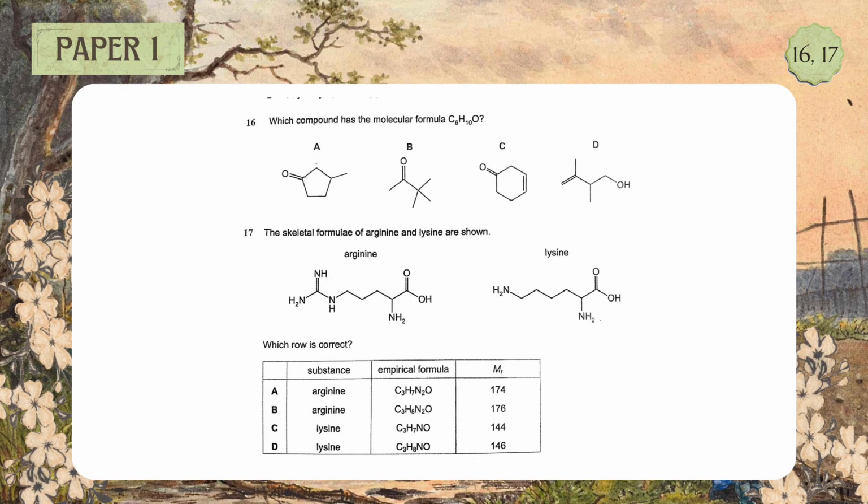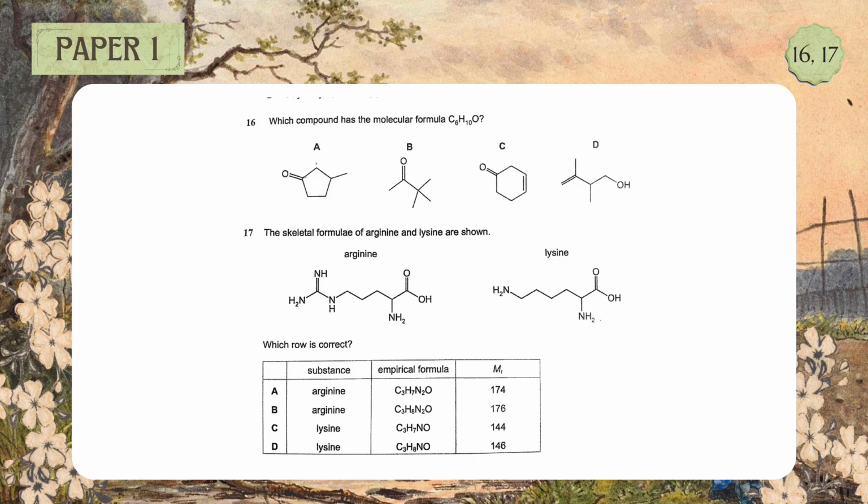For question 16, we need to determine which of the four structural drawings has the molecular formula C6H10O. Let's calculate the degree of unsaturation or look at the structures to help us count. The formula C6H10O has a general alkane comparison of C6H14, missing 4 hydrogens, which means that the molecule must contain either 2 rings or double bonds total. So A is correct, but I'm going to tell you why B, C, and D are not correct. B, a ketone, has no rings or extra double bonds.